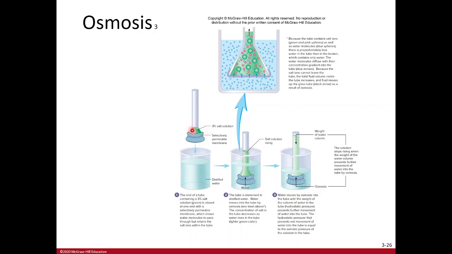Initially, you didn't have a huge amount of salt solution up to this level, but the water will be lost from the beaker and enter into this tube until you reach a specific amount within this tube, and this is going to create pressure, preventing more flow of water. So this will be osmotic pressure.